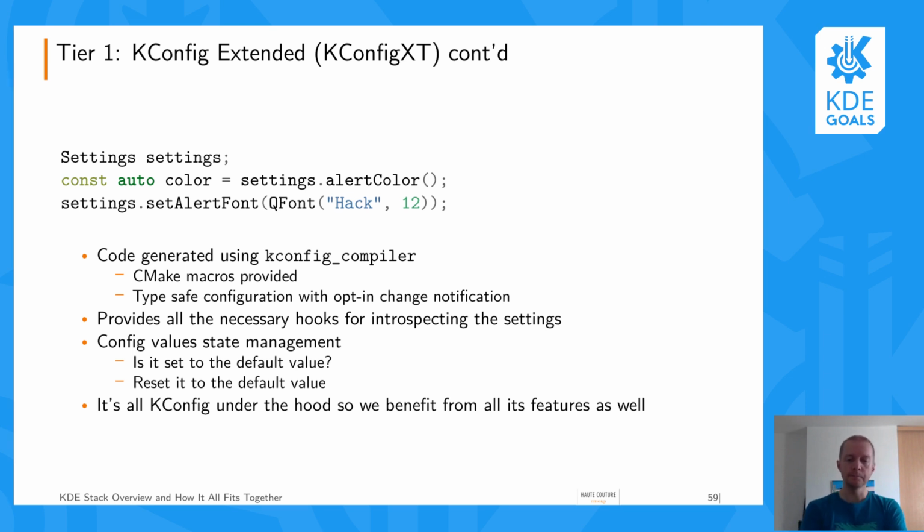You can actually know that. There's also ways to deal with the state management to reset things to default, etc. Under the hood, it's all KConfig, okay? So we benefit from all the features, cascading, and so on.